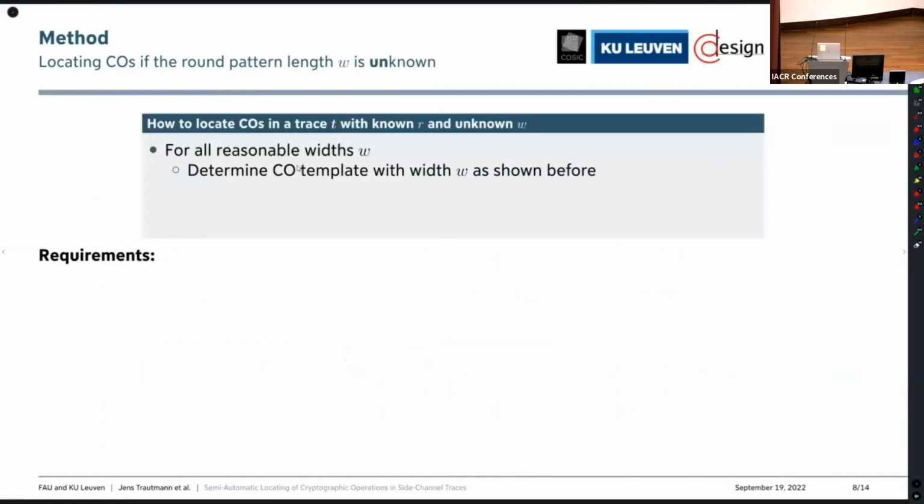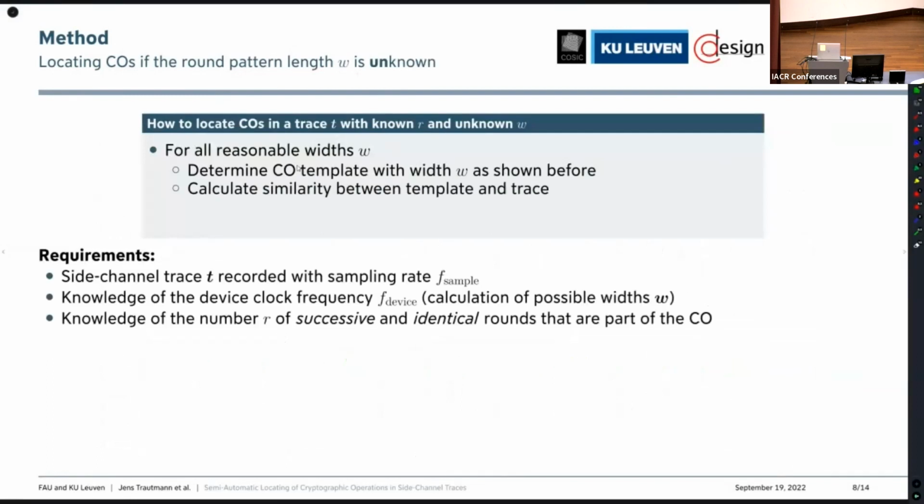Well, then we could go through all reasonable widths W that we can calculate and determine, as we did before, a CO template for this width, and then also calculate the similarity between this CO template and our entire trace. But to do this, we have certain requirements that are also valid if we know the round length W. We need to know the trace and the sampling rate we recorded it at.